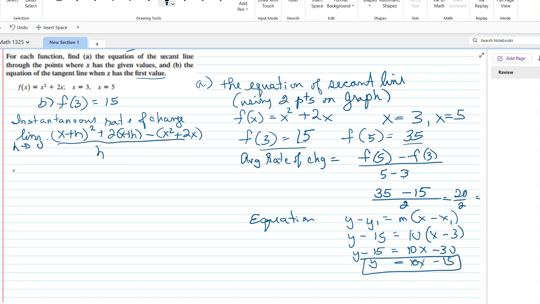We're going to do the limit as h approaches 0, and I'm going to do the math. Square the first term plus twice their inner product plus square the last term. And that takes care of that one. Plus, this is distributive property, 2x plus 2h. Then I have this guy right here, and I'm going to have minus x squared minus 2x all over h.